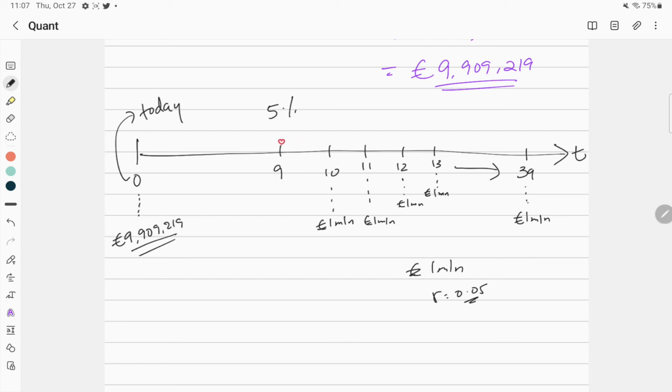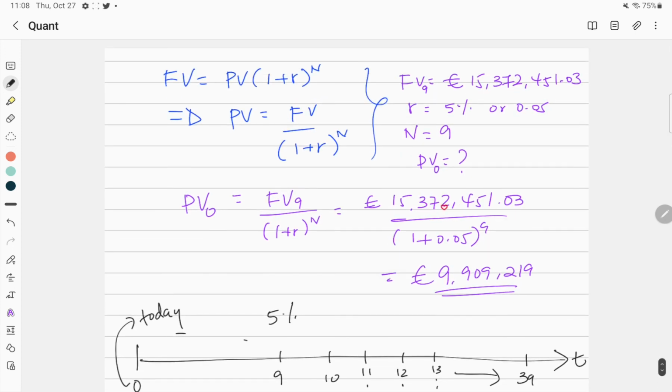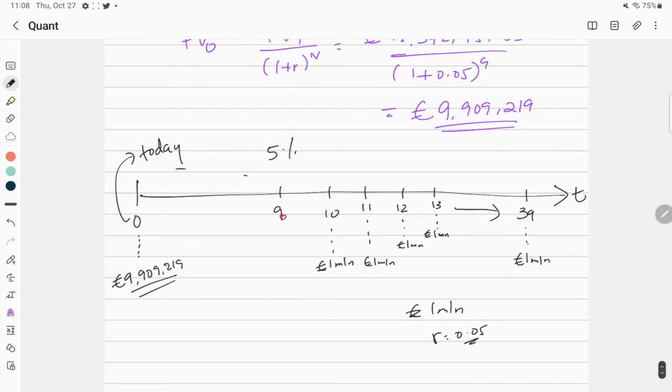So forgetting this timeline, we started from time 9, the 9th year, and treated it as its own, like treating T9 as T0 and T10 as T1, and using an ordinary annuity formula, we determined that he should have this 15 million euros at T equal to 9.